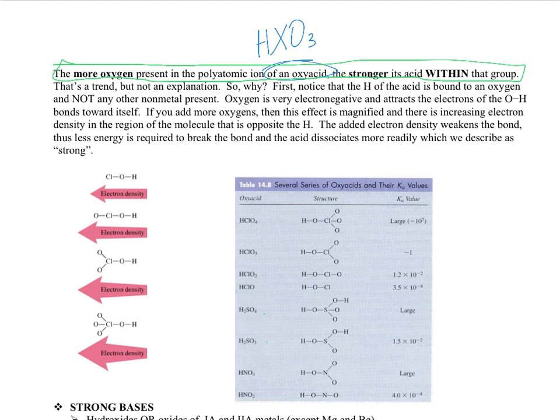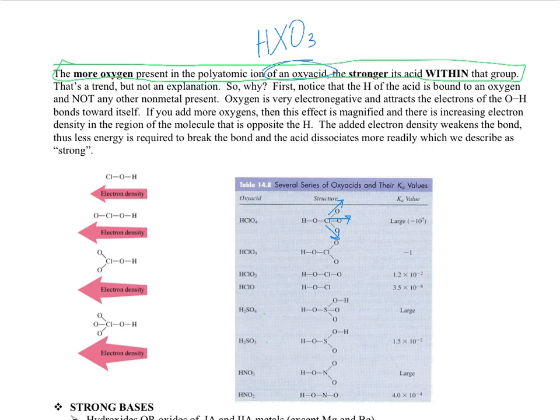So the more oxygens you have, the more it pulls electron density away. When I look at this example over here in the middle, at these oxygens right here, I can see that this oxygen pulls away and pulls away and pulls away.